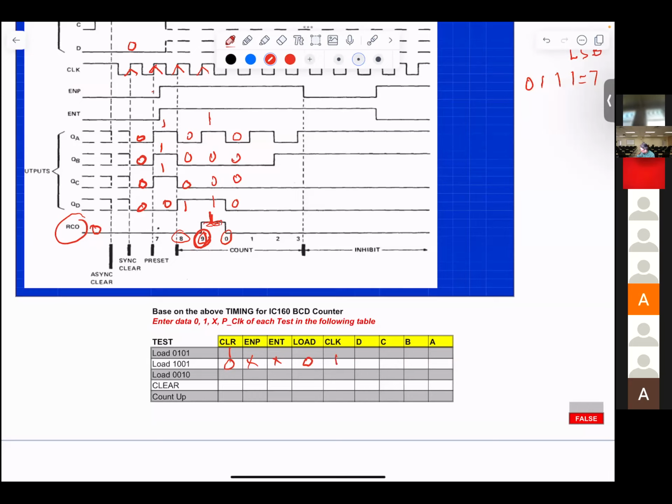Okay, A, B, C, D, whatever load you want. So load 0, 1, 0, 1. You have to fill in this table until this is passed. That means you really understand how to make it work.